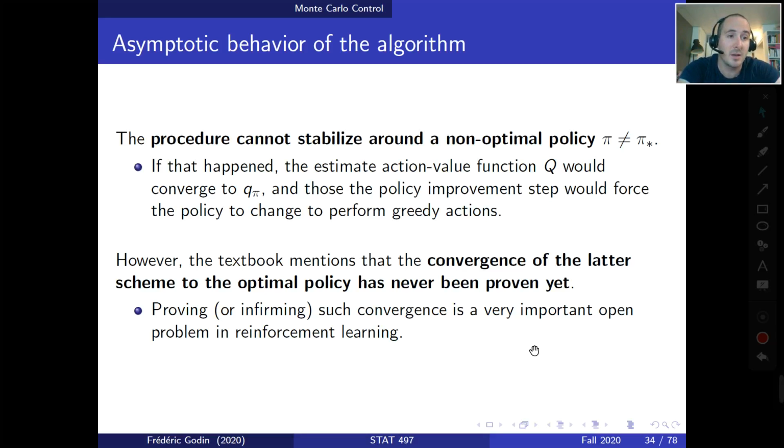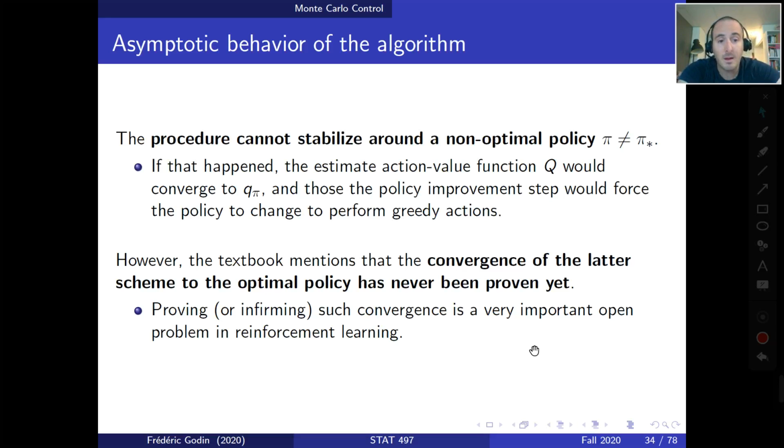This comes from the fact that, using this algorithm, we average returns which are not independent and not identically distributed. So our estimates of the value functions might not converge and we might have infinite oscillation. According to the textbook, we don't have an answer to this question yet. We don't know if the algorithm we presented converges to the optimal policy with probability 1.